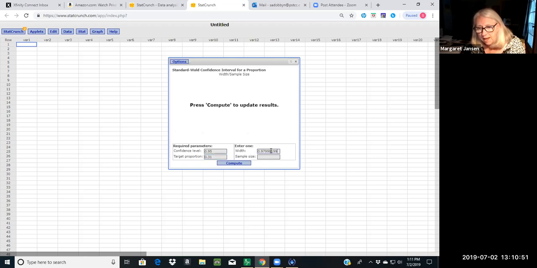Then the other thing I have to do is define the width of the interval. Now, remember that to get an interval, you subtract the margin of error on the left side and you add the margin of error on the right side. So the width of the interval is always 2 times the margin of error.